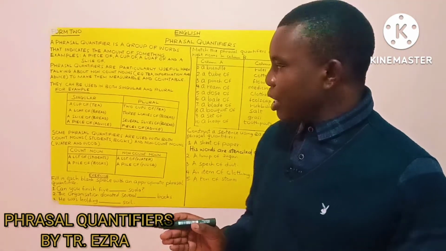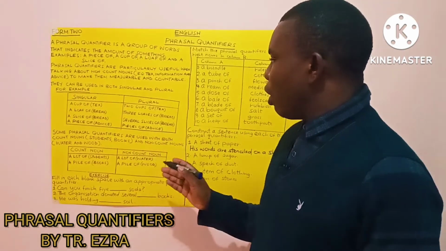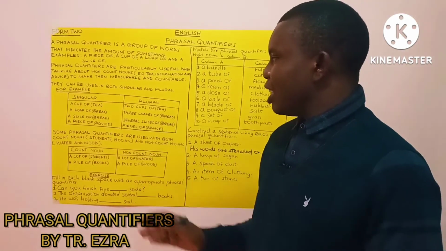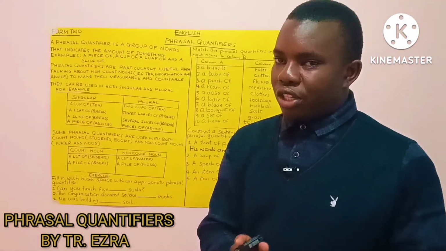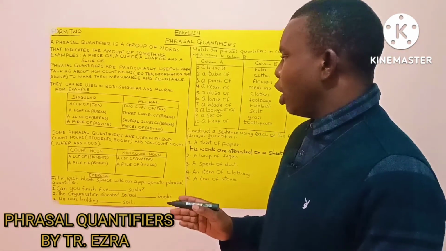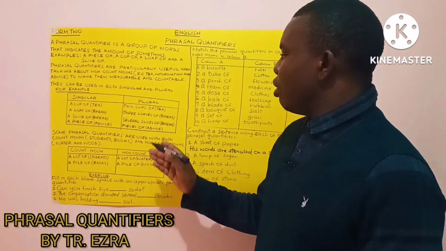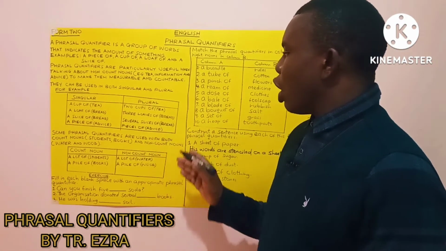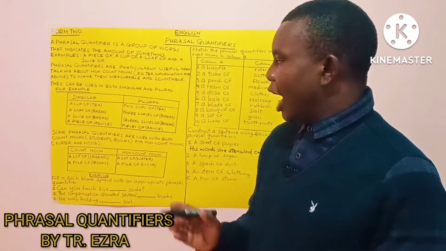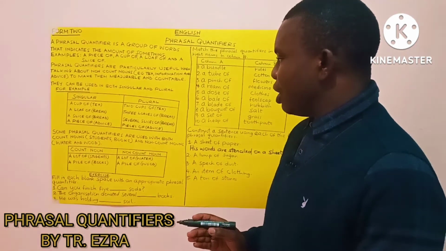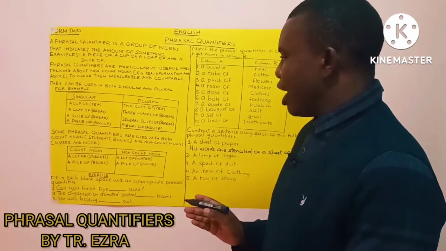The second example, a loaf of bread. So bread is the non-count noun, a loaf of is the phrasal quantifier. In plural, we have 3 loaves of bread. We can also have a slice of bread, the plural, several slices of bread.